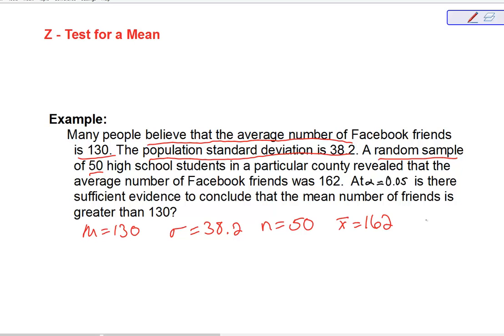And we have an alpha of 0.05. Is there sufficient evidence to conclude that the number of friends is greater than 130 people? That's going to be significant when we start making our hypotheses.